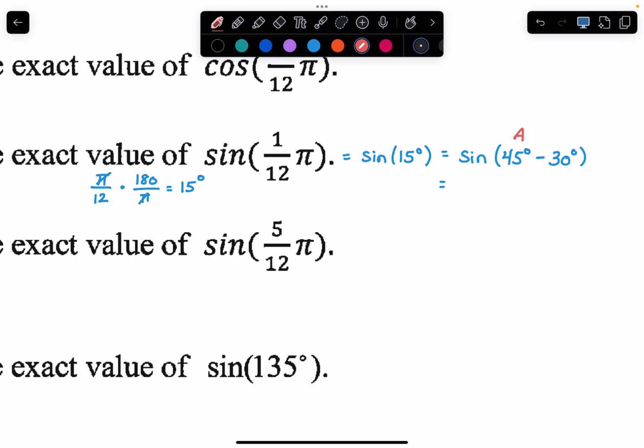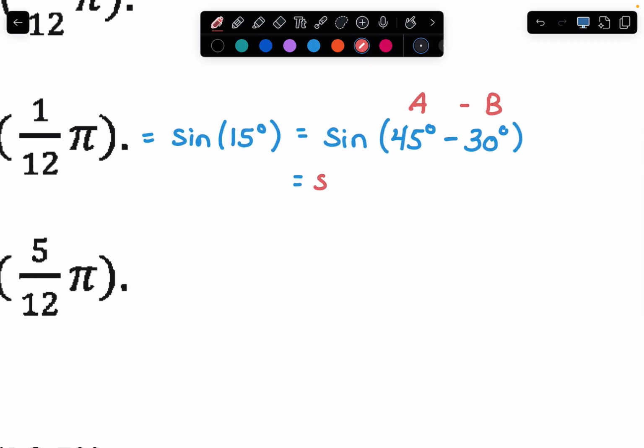So that's A minus B. You go to your sine A cosine B minus cosine A sine B. So we get sine 45 cosine 30 minus cosine 45 sine 30.